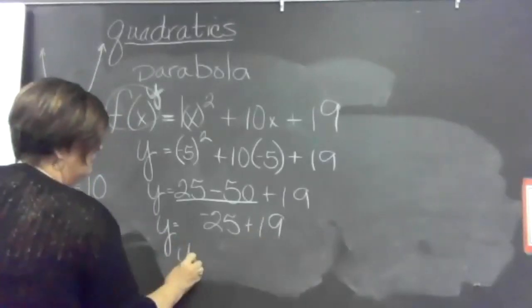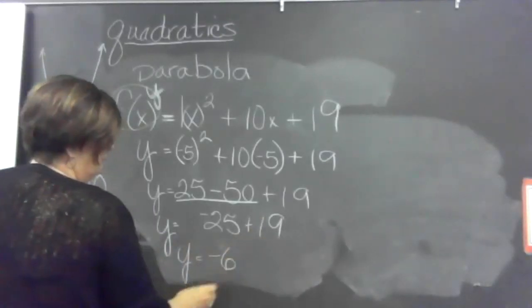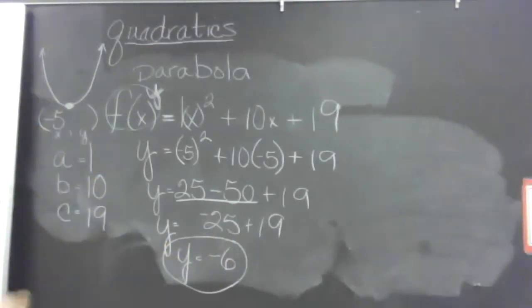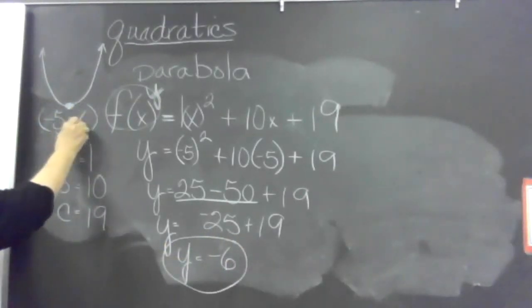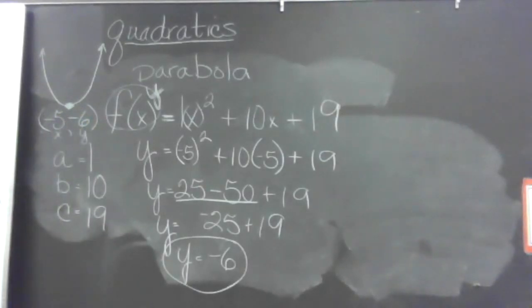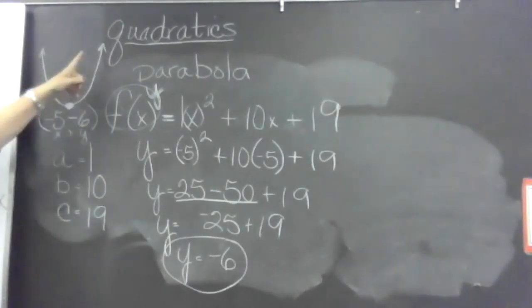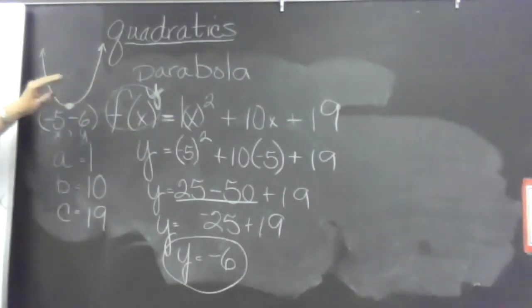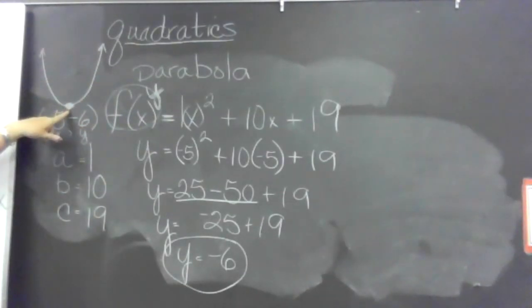So y is going to equal a negative 6. And that's the point. That's the minimum point of this quadratic. It's the minimum point. It's also the vertex. Minimum and maximum are the vertices, okay? Vertex.